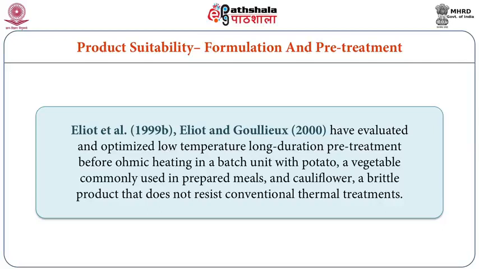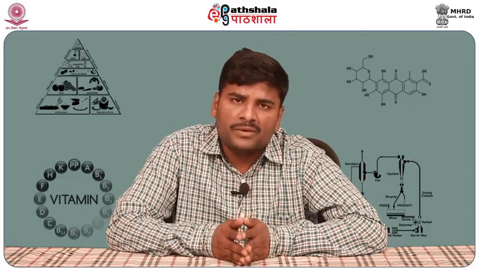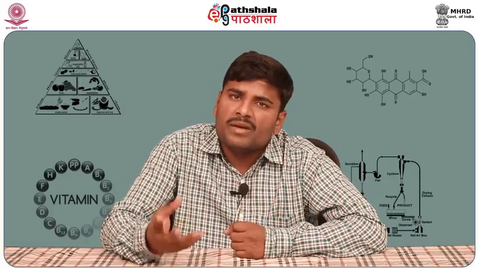They observed that in the case of potato cubes, there was a significant loss compared with the fresh product after conventional blanching at 95 degrees centigrade. So when you use this conventional treatment for blanching of potato, we lose its appearance, or there may be a shrinkage problem.